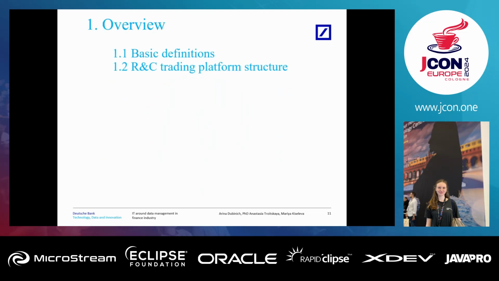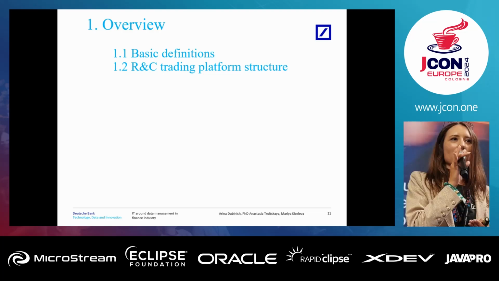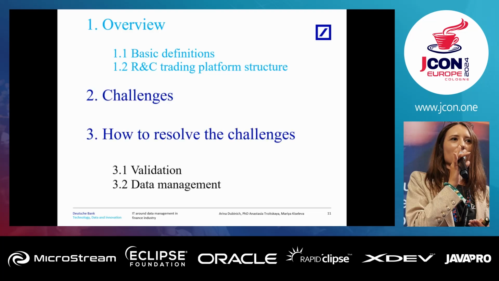So let me summarize what we have covered so far. I have overviewed the rates and credit trading platform, and we have also overviewed market participants and trading assets and such a definition as multi-dealer platform. Now let's move to another question. What can go wrong in this structure?